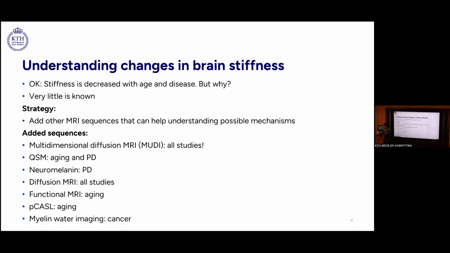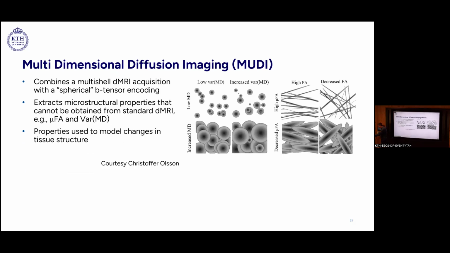Neuromelanin is also another chemical that is accumulated in Parkinson's disease patients. Diffusion, functional MRI for perfusion, and myelin water imaging to measure the amount of myelin in the brain. But so far, the most interesting one is this multidimensional diffusion, that we call MUDI.